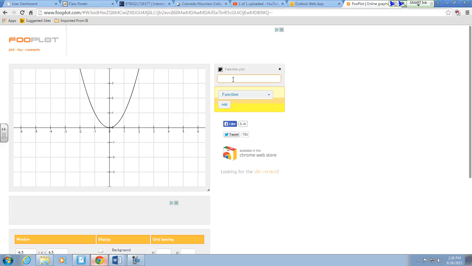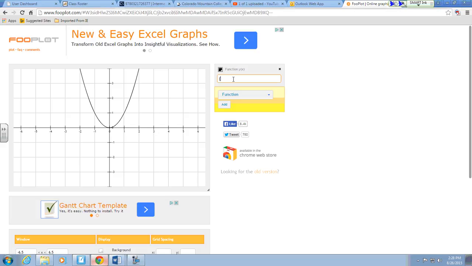Let's take one of those circles, right? x minus 5 squared plus y squared equals, let's make it pretty, 4. It doesn't like it, right? Because look, it says function y of x. That's not a function.